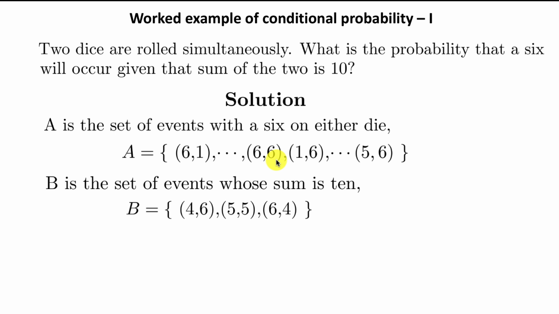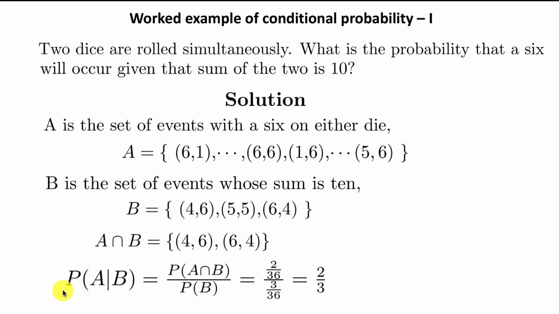Now, B is the set of events whose sum is 10. So let's ask how that is possible. You can have 4,6, 5,5, or 6,4. The intersection of A with B, that is to say the elements which are common to A and to B, are then 4,6 and 6,4 only. That's because a 6 has to occur and the sum has to be 10.